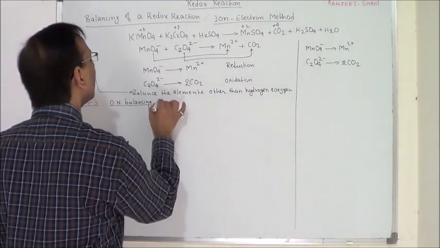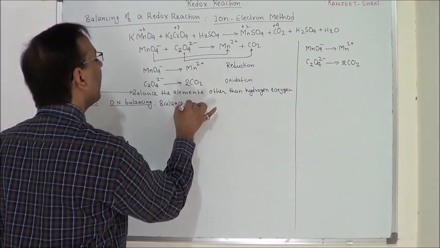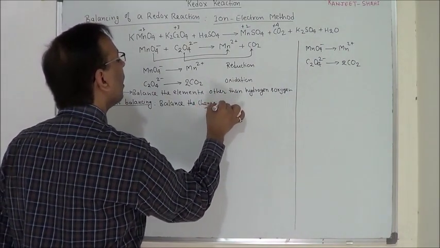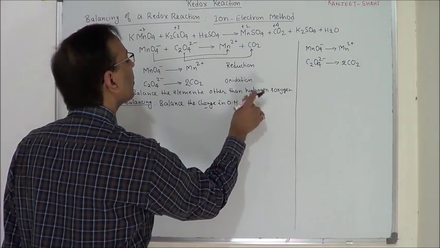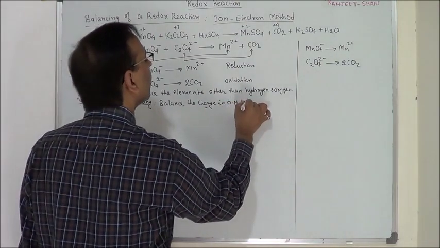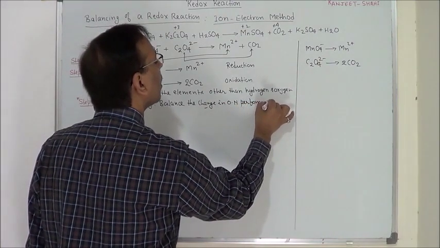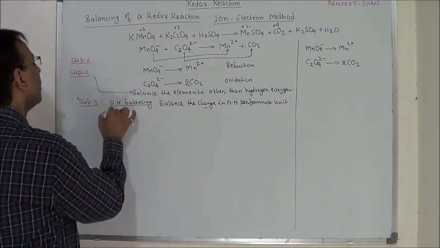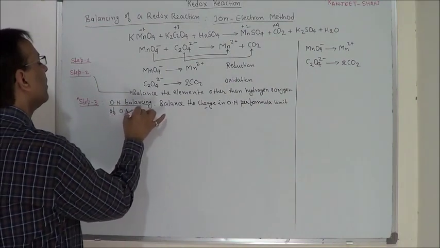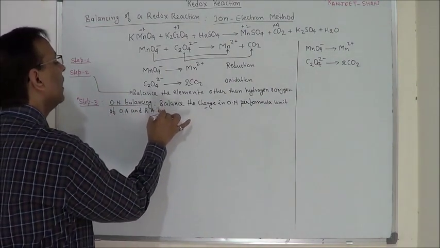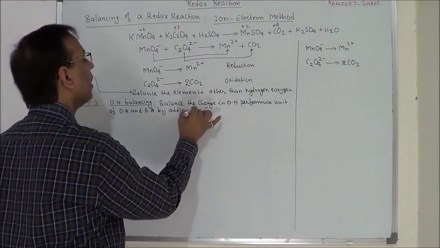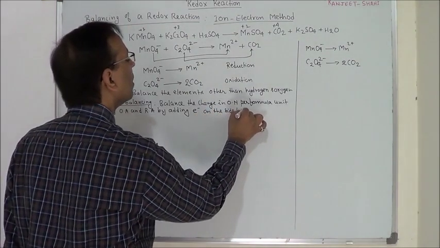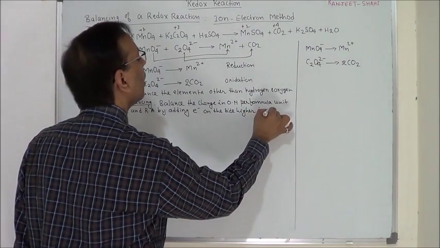What are we saying? Balance the change in oxidation number per formula unit of oxidizing agent and reducing agent by adding electrons on the side higher in oxidation number.